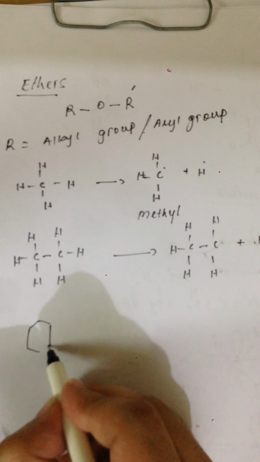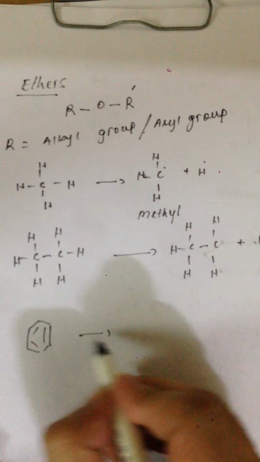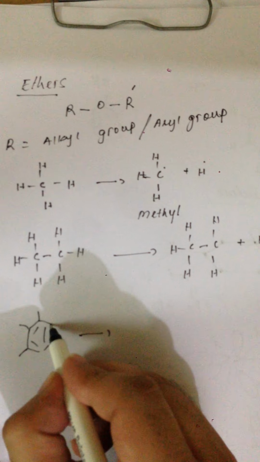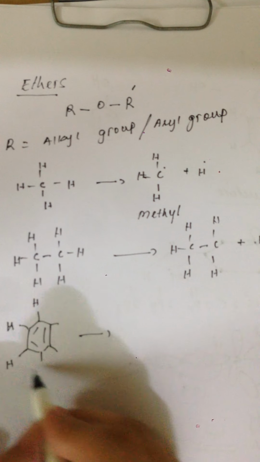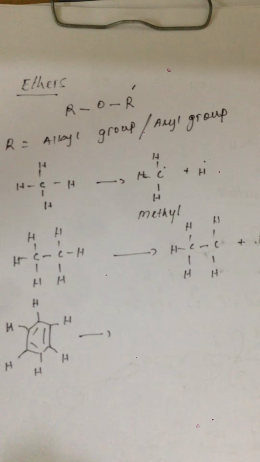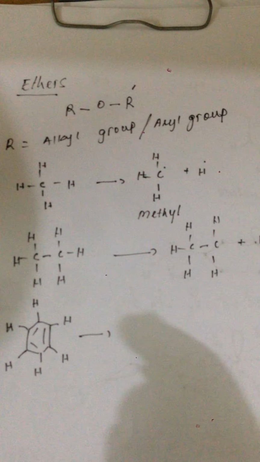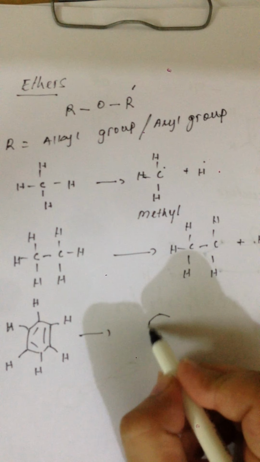This is benzene. It has got 6 hydrogen atoms. So we can remove one of the hydrogen atoms and we will get this.